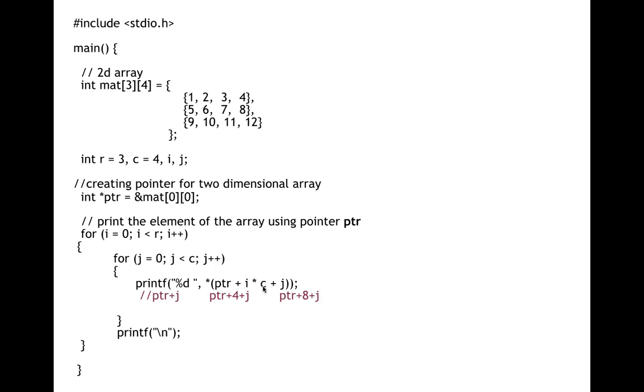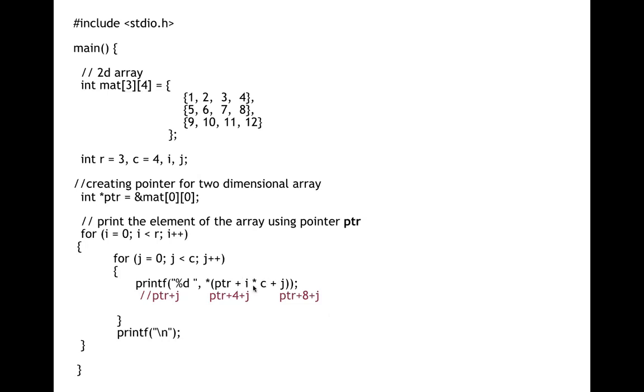Let us see. C is 4, so 1 into 4. We have to move 8 bytes. Why? Because I'm going to print the second row, so I have to move from the first row to the second row. PTR is the starting address, and from there I have to move 4 integers. Only then will I come to the second row. So J is for the column, and I into C is for the row.